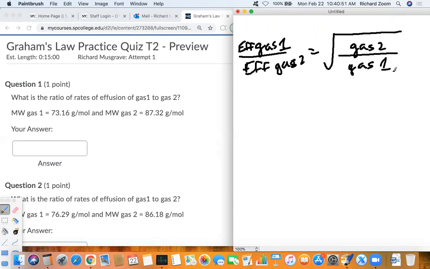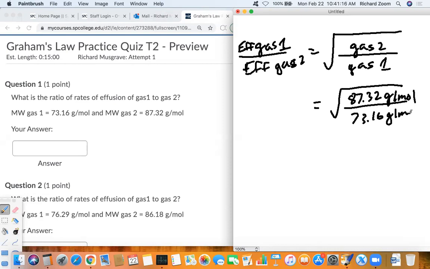Remember, it flips over because big molecules move slower. So in this one, it'd be gas 2, 87.32 grams per mole over 73.16 grams per mole. And that's how we can end up getting the effusion of gas 1 to the effusion of gas 2.